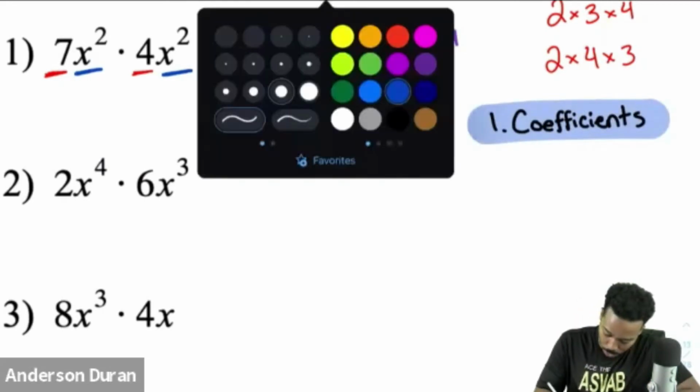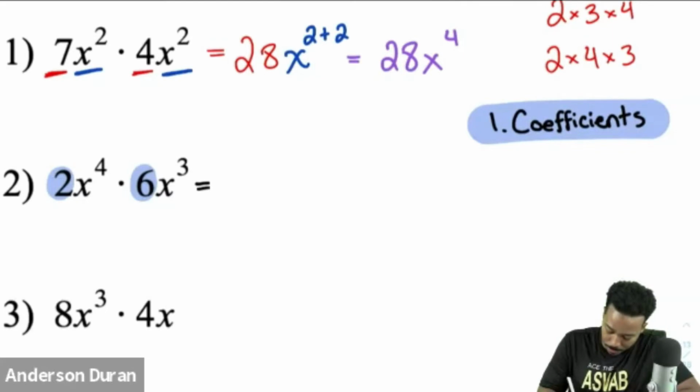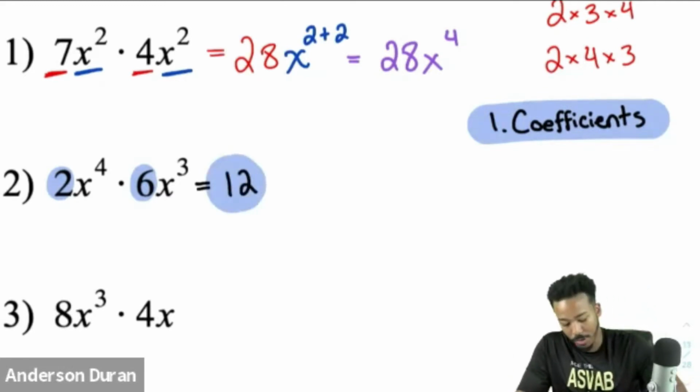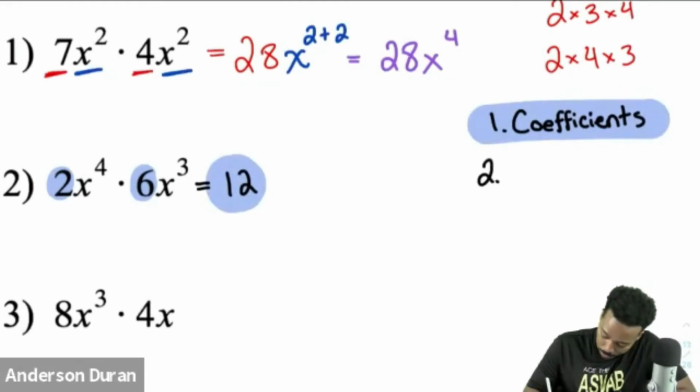The 2 and the 6. Everybody, what's 2 times 6? That's right, 12. That's what I mean. Take care of the coefficients first. And then number 2, take care of the variables.